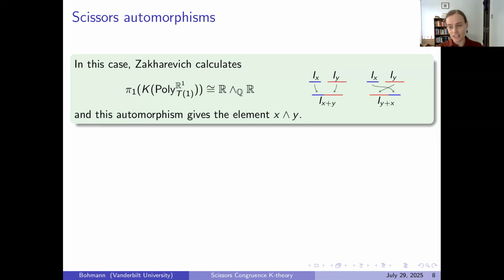So this gives us an explicit way to see these elements in pi1 of this K-theory spectrum, to see a scissors congruence automorphism, or in other words, a higher scissors congruence invariant.